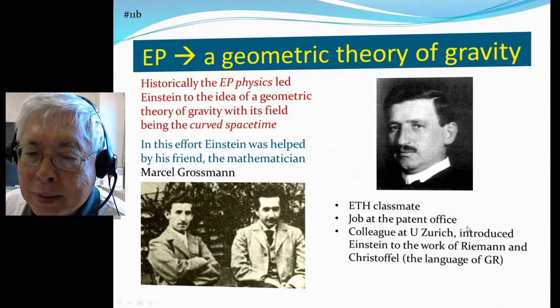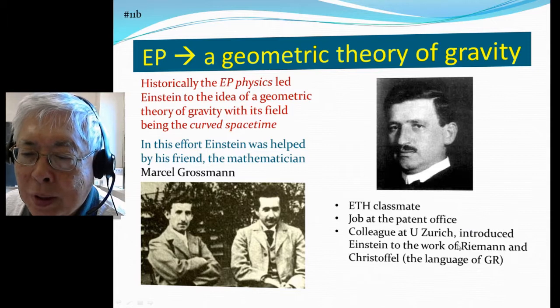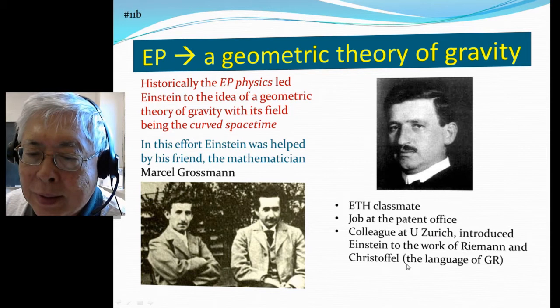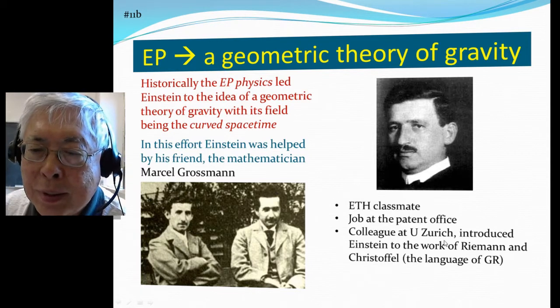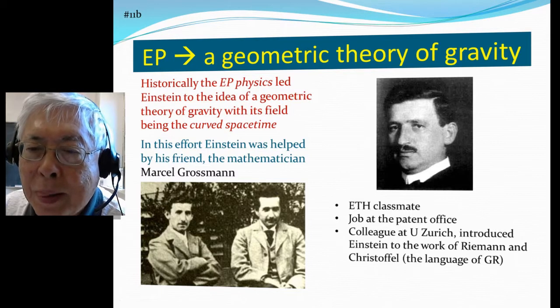It was at that time that Grossmann introduced Einstein to the work of Bernhard Riemann, Christoffel and others, namely Riemannian geometry, which of course is the language of GR. So Grossmann was a very important person in Einstein's life.